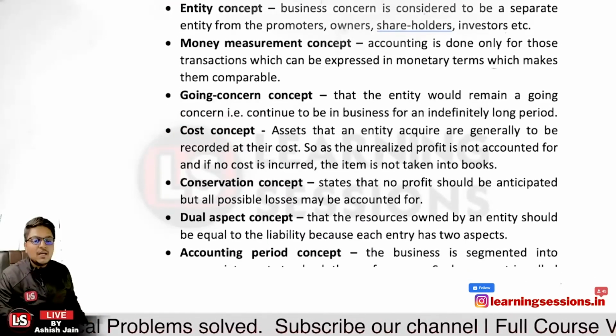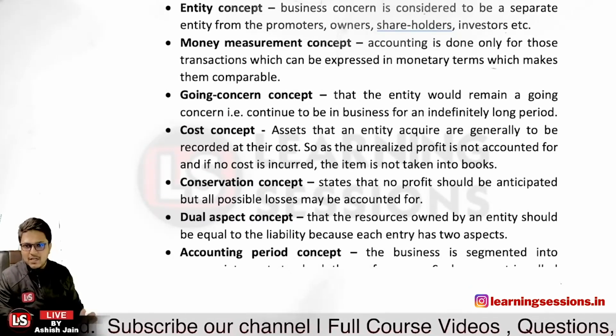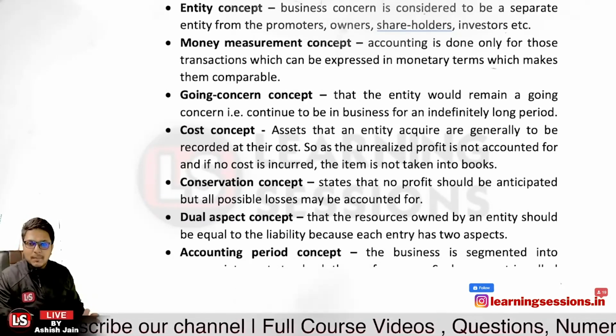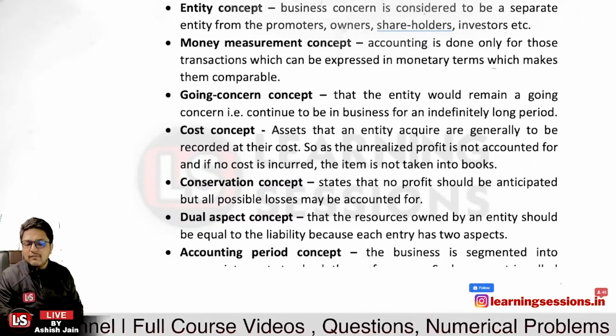Then it is the dual aspect concept. Now the dual aspect concept is very, very important from the balance sheet point of view. It says that each and every entry has dual aspects.